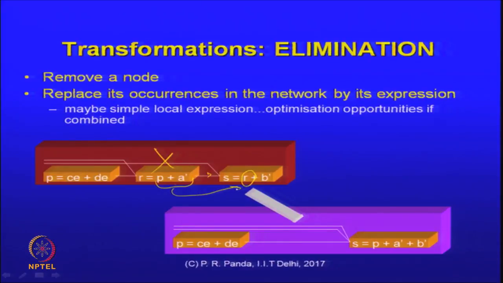As you can see, this is a low level analogy of an optimization, a transformation that we have already seen: function inlining. Yes, this is just the equivalent of an inline.